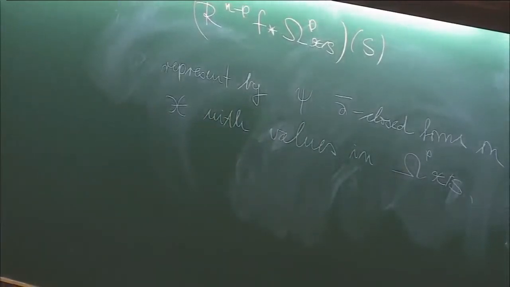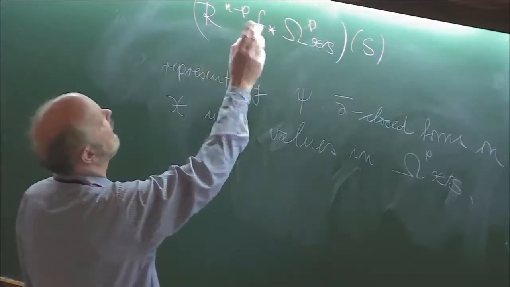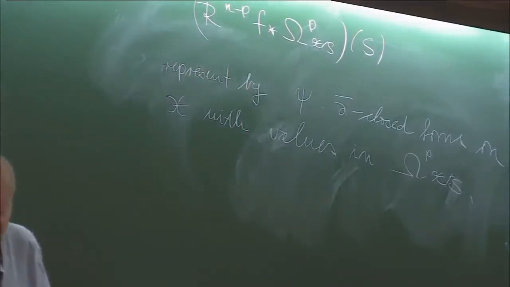So one might expect that one could work with (p, n minus p) forms on the total space, but this is utter nonsense. This immediately yields a contradiction. So this is what one can do.